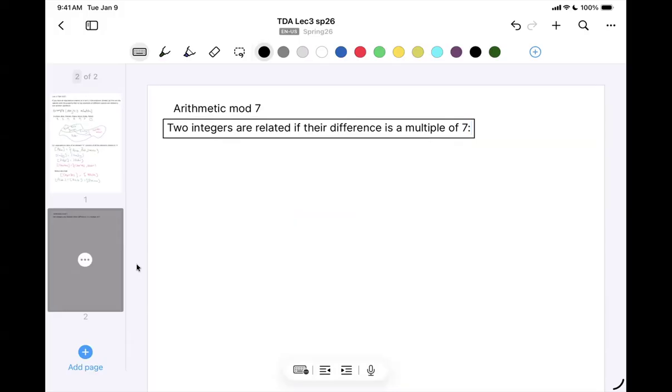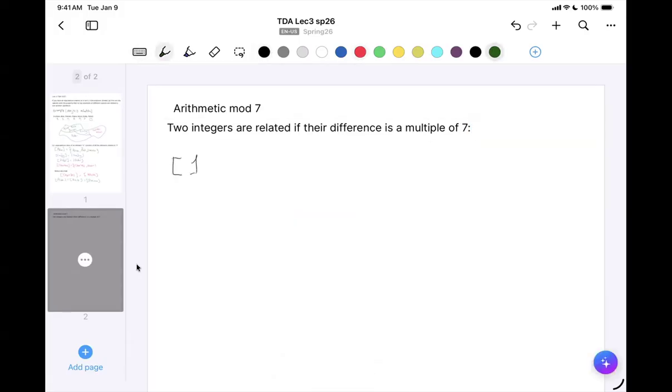So what is the equivalence class of 1? It consists of 1, and it would also be 8, right? Because 8 minus 1 is 7, a multiple of 7. It would also be 15, because 15 minus 1 is 14, which is a multiple of 7.